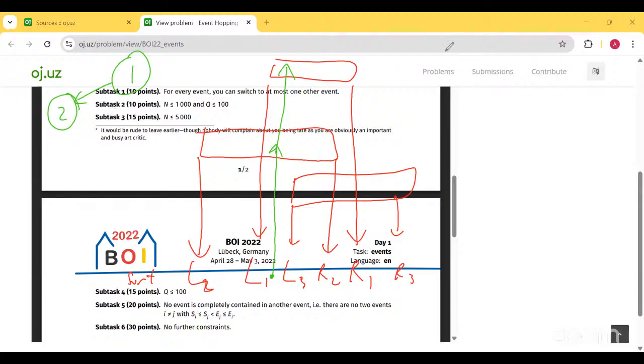How can we know that the parent of 1 is 2 from this line sweep?